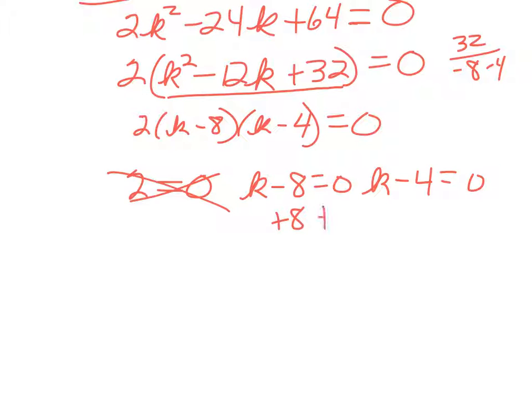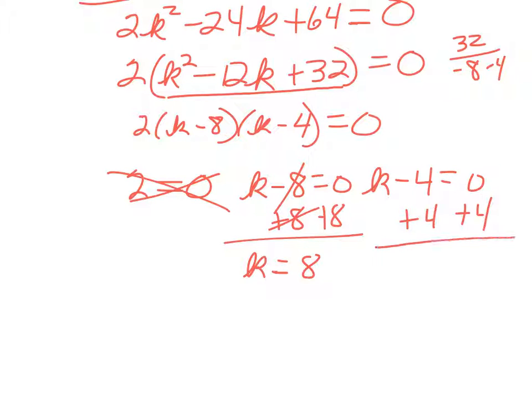Adding 8 gives k equal to 8. Adding 4 gives k equal to 4.